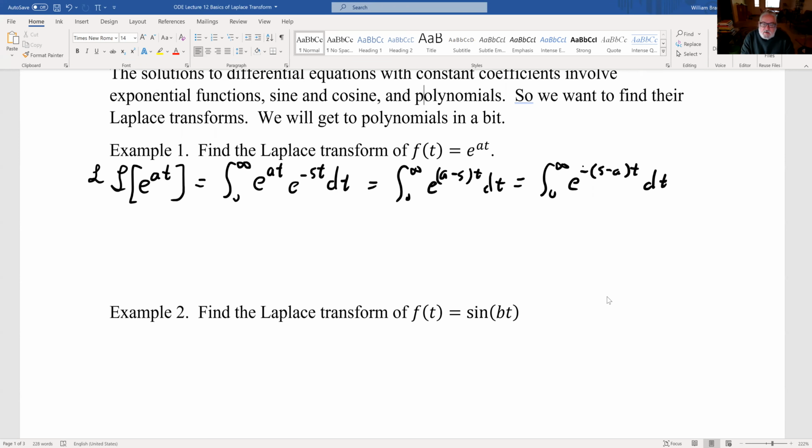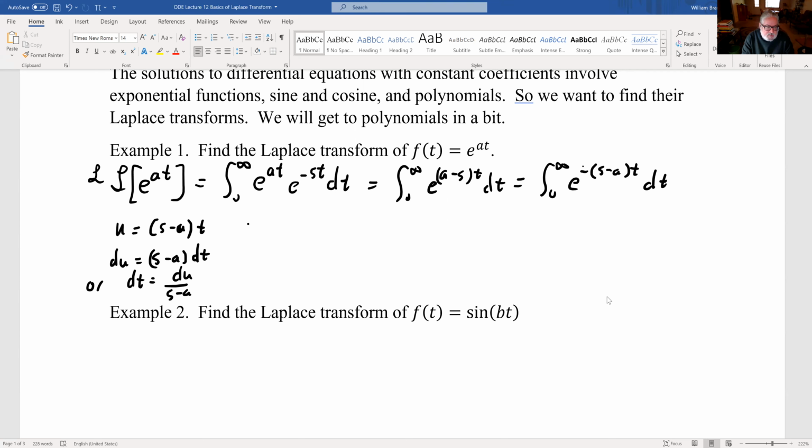Okay, so u equals s minus a times t, du equals s minus a, because those are not t's, dt, or dt equals du over s minus a.